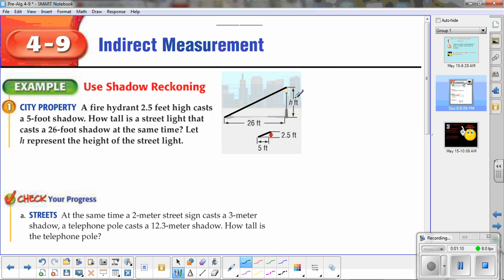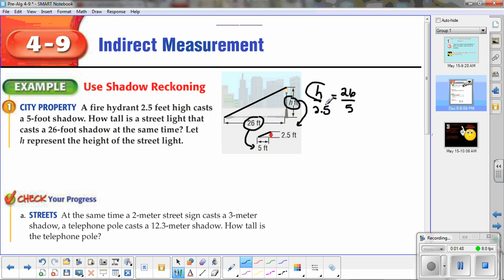What you're going to want to do is set up a proportion comparing the corresponding sides. H matches up with 2.5. And since I said H matches up with 2.5, 26 matches up with 5. Now this one has some nice numbers that you might be able to recognize right away that H is going to have to be 13, but it doesn't always work out to be so nice.